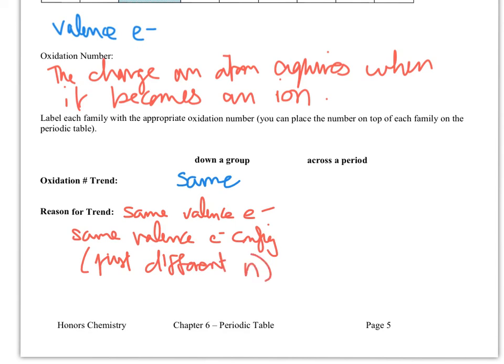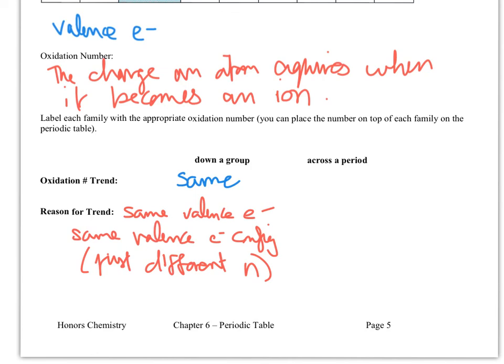So how can I ask you questions about this? On the test, I could give you an element and ask you what is the oxidation number of it. Or I could ask you, hey, what's the trend as you go down a group? Or I could ask you, why is it that as you go down a group, it's the same oxidation number? So you need to know the explanation as well as what the trend is.